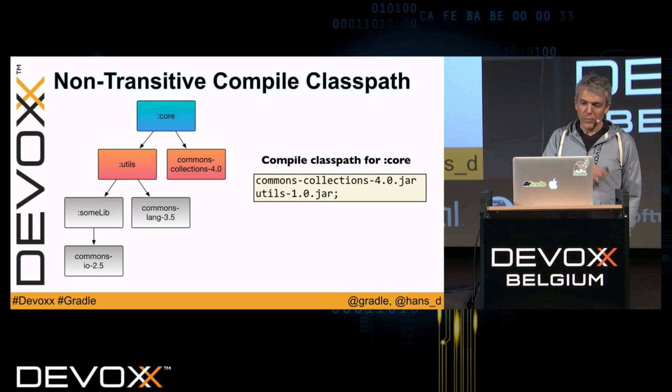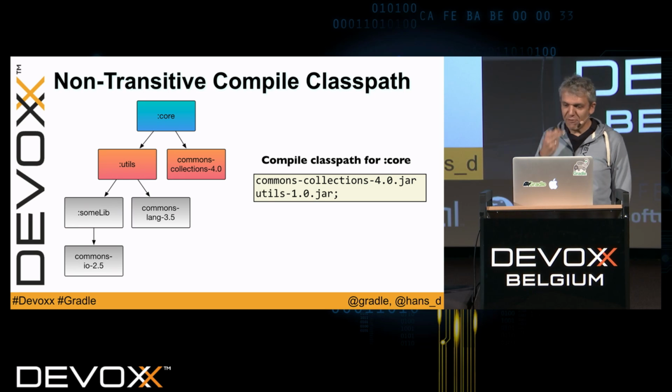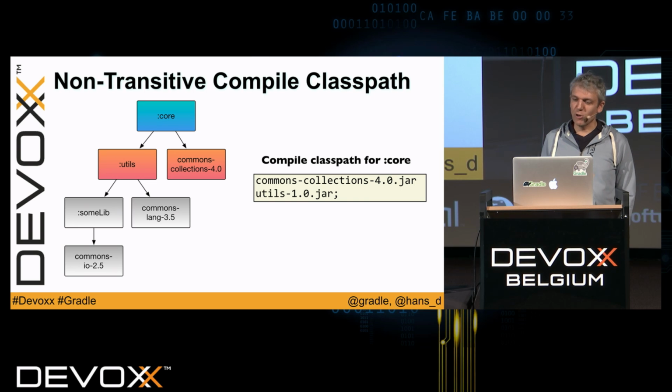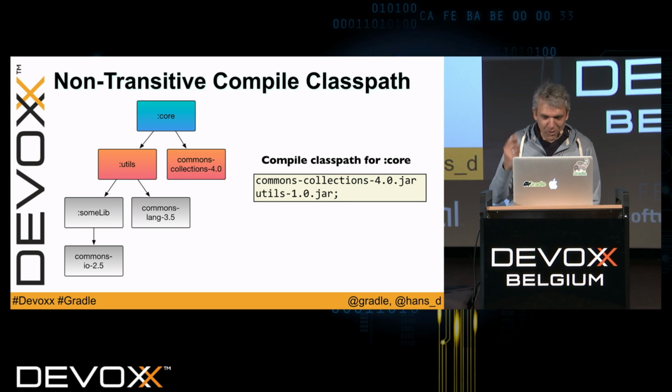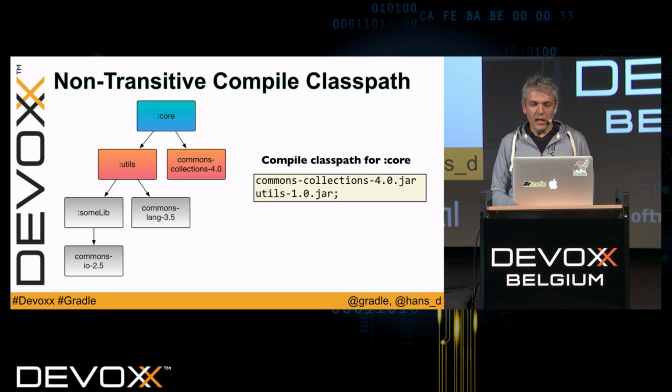Okay, so why not use the direct dependencies and nothing else for the compile class path? In fact, the very first spike I did many years ago for Gradle had a non-transitive compile class path, but for reasons we will discuss soon, it was not quite that easy to solve that problem, and I had to revert to transitive as a temporary solution. I thought for just a short time, but anyhow, finally we have addressed the issue.